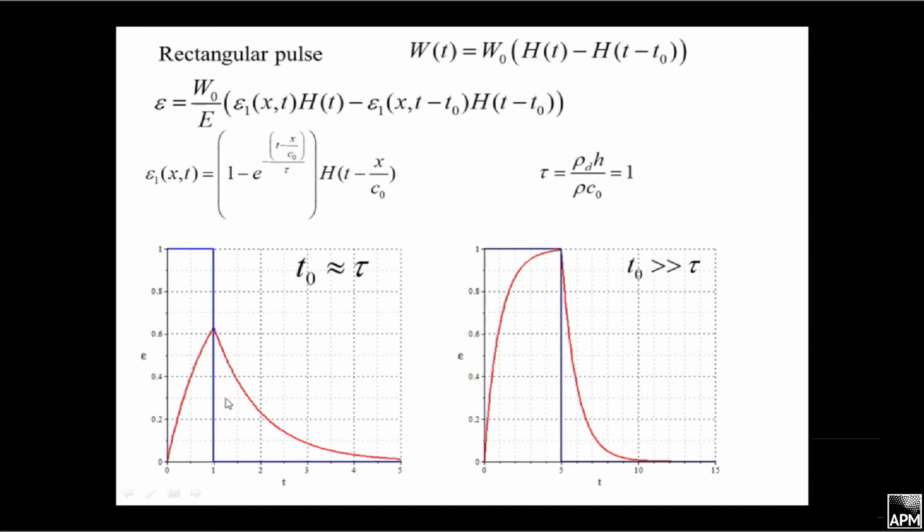I mean the decrease of amplitude when the duration of the rectangular pulse is comparable to the relaxation time. Otherwise, you see that the amplitude doesn't change much.